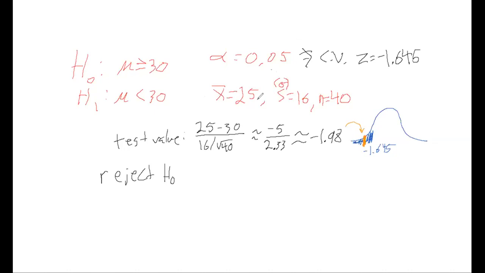What our alpha represents is the maximum probability that we are willing to have of making a type 1 error, the maximum chance we want to have of rejecting the null hypothesis when maybe it was actually true.